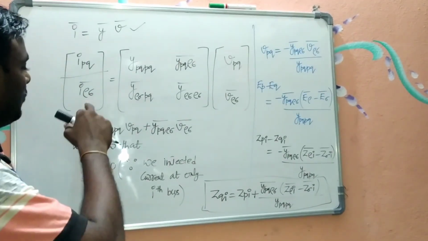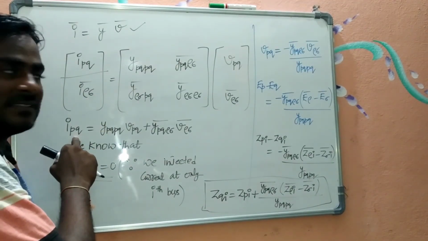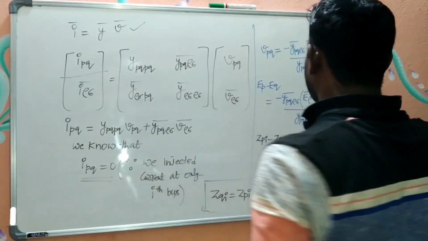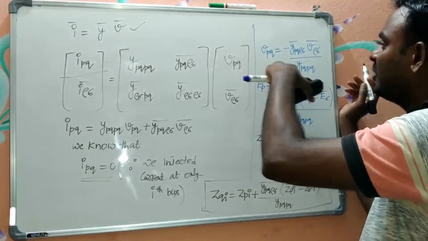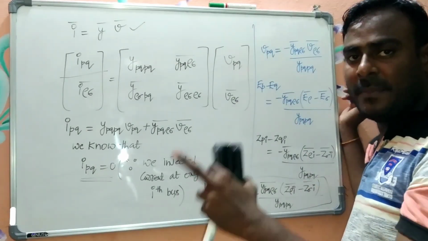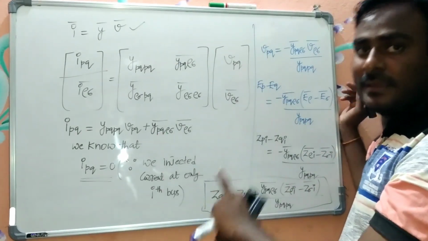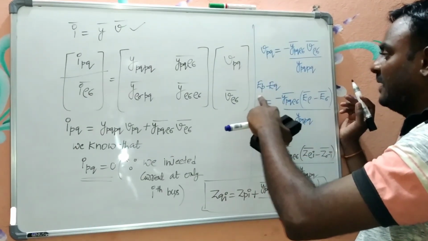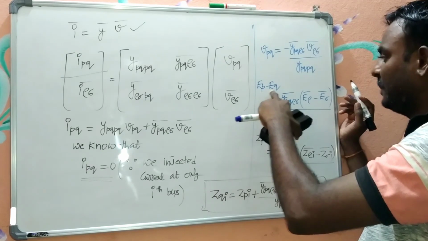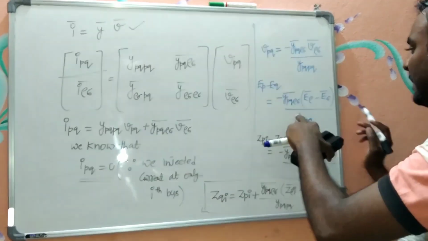When IPQ equal to 0 is substituted in this equation, we got this as VPQ. And we know that VPQ is nothing but the voltage drop between bus P and bus Q. Voltage drop means the difference between two voltages, EP minus EQ. So I just copied this.